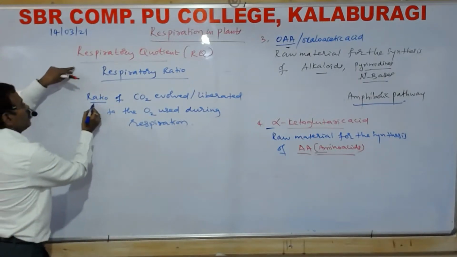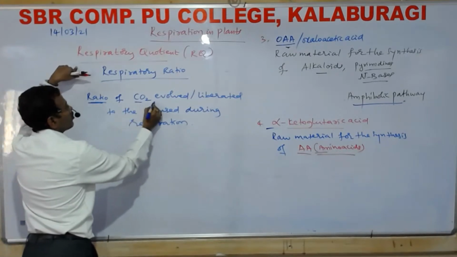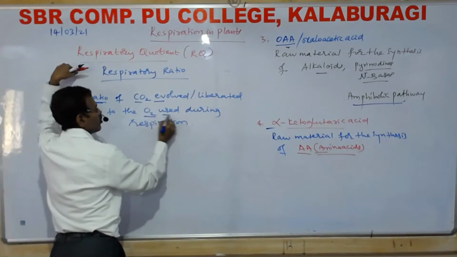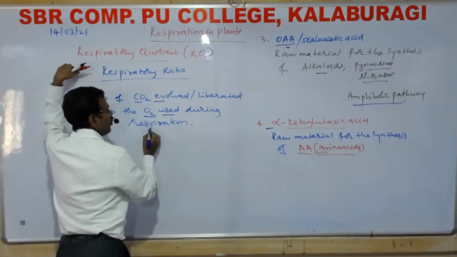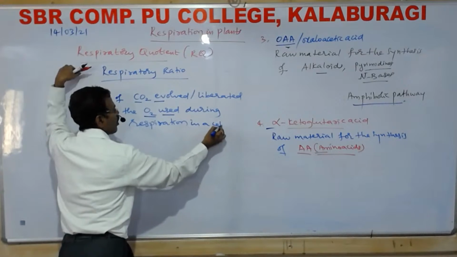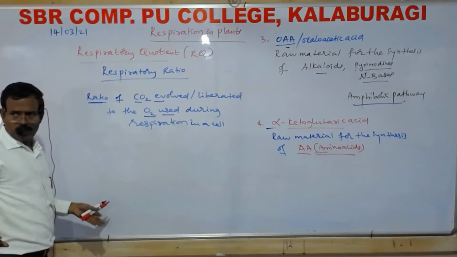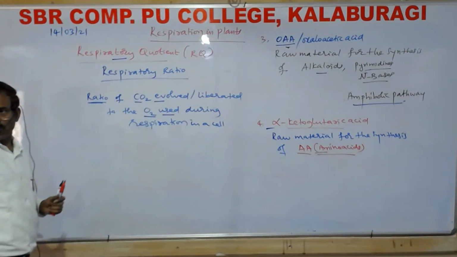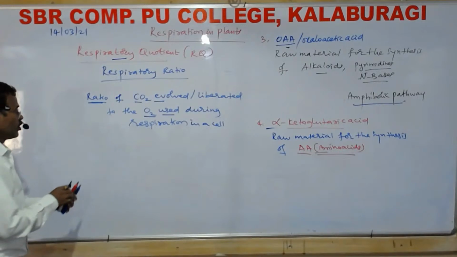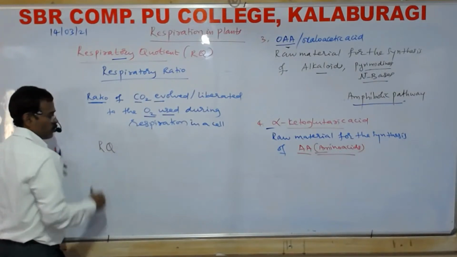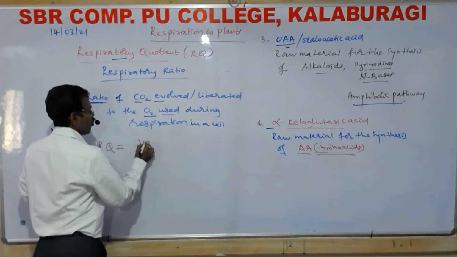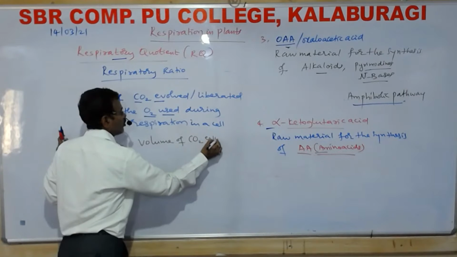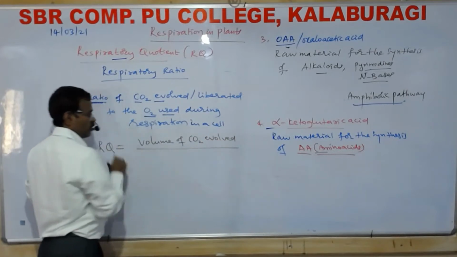So the ratio of carbon dioxide evolved, released, liberated to the oxygen used, consumed or utilized during respiration in a cell or tissue of living organisms, we call it respiratory quotient or respiratory ratio. So how will we write it? RQ is equal to volume of carbon dioxide evolved, liberated.